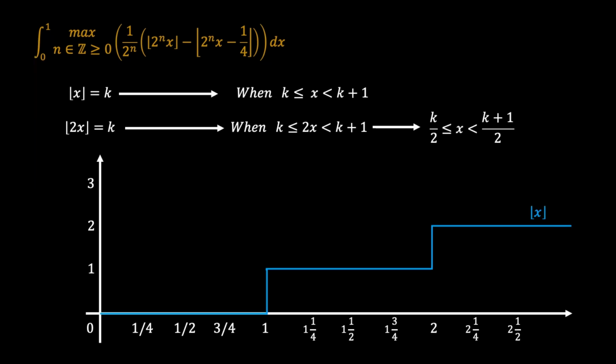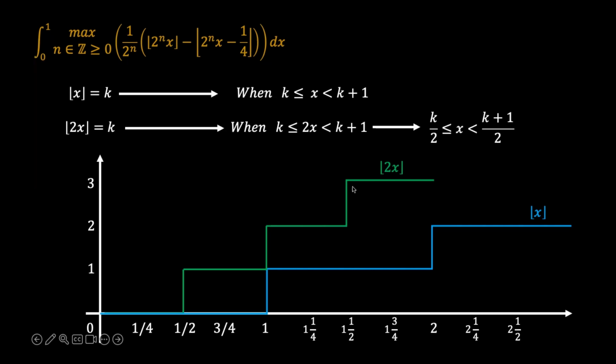Now, if you consider the floor function of 2x, because 2x becomes 1 at a half, that means that from 0 to a half, we have 0 as the floor function, and as soon as we reach half, it becomes 1, and it stays 1 up to 1, and when x equals 1, we have 2 times 1 being equal to 2, and so it transitions to 2, and then it stays at 2 until 1.5, and then at x equals 1.5, it transitions to 3, and so on.